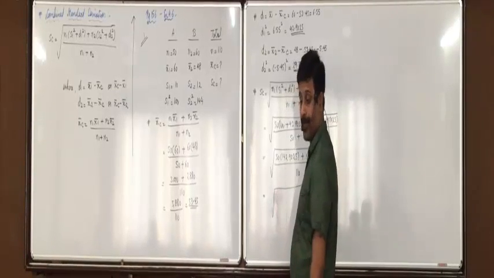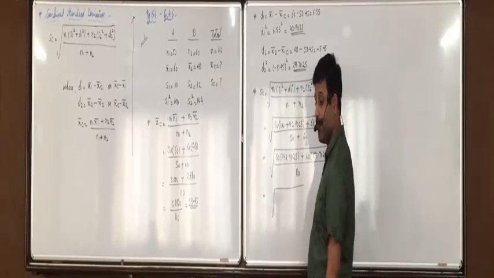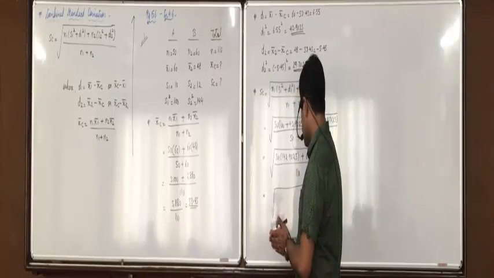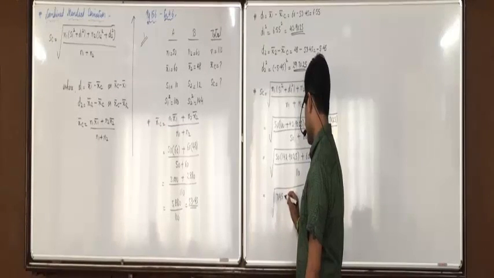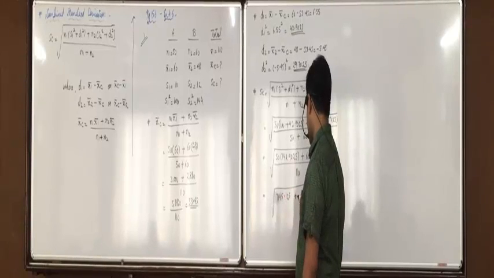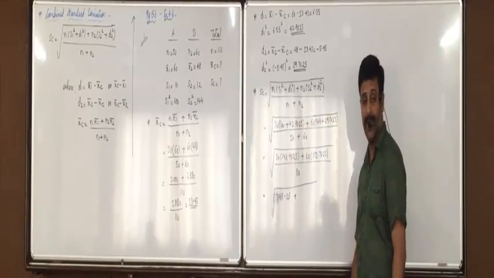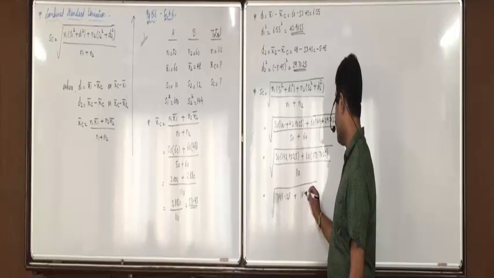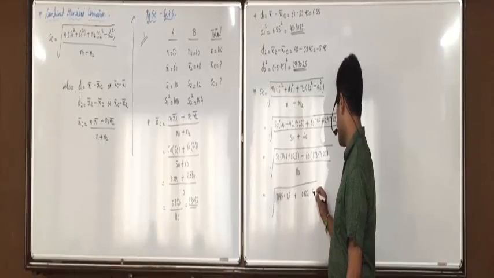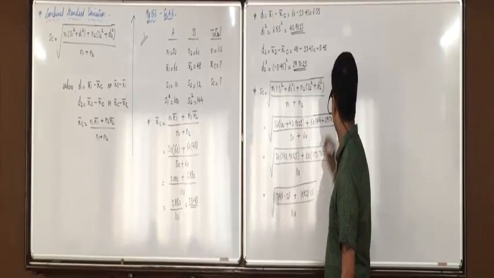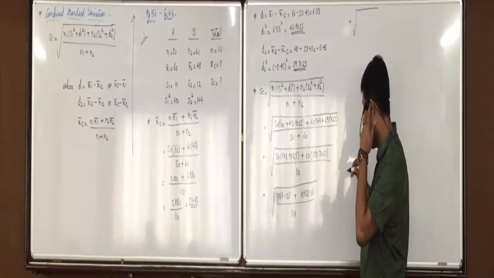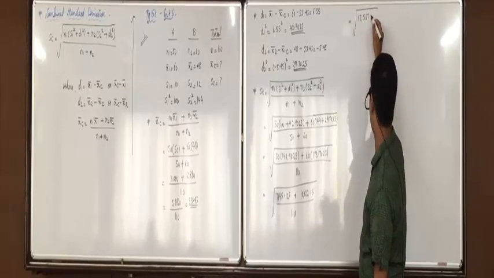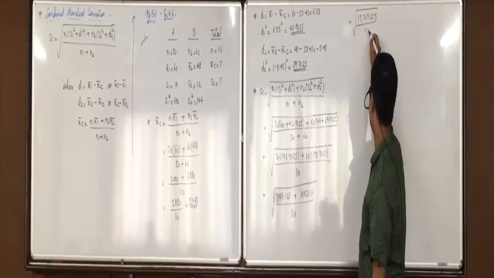Now square root of 50 into 142.9025, 7145.125, plus 60 into 173.7025, 10422.15, upon 110, equals to square root of 17567.275 divided by 110.